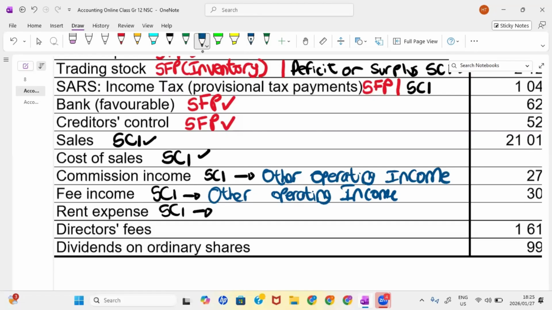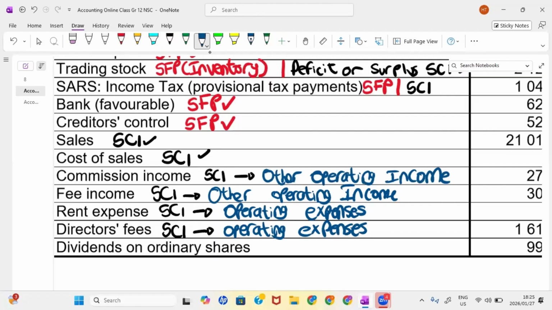We record it under operating expenses. And then we have director's fees that goes to the statement of comprehensive income. We record it under operating expenses as well.